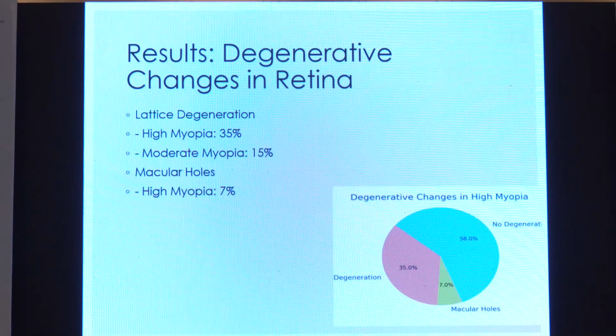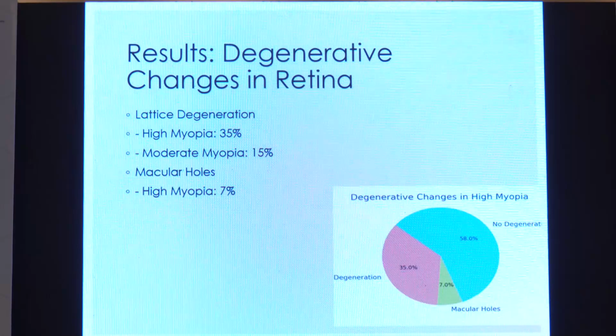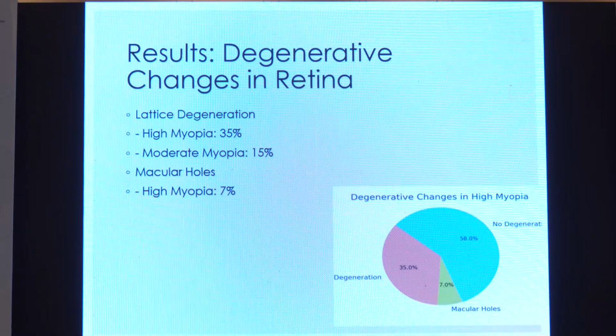Degenerative changes in retina. Lattice degeneration was seen in 35% of cases in high myopia, and in 15% of cases in moderate myopia. Macular holes were observed in 7% of cases of high myopia.